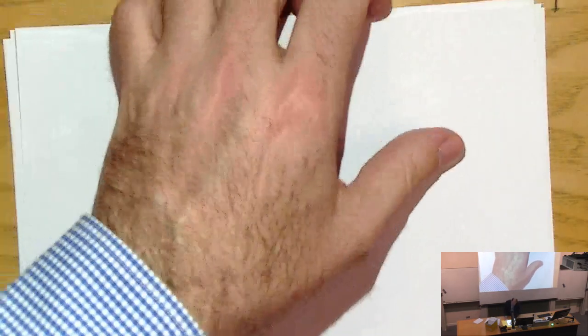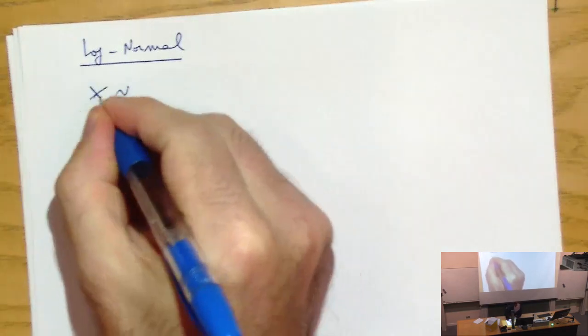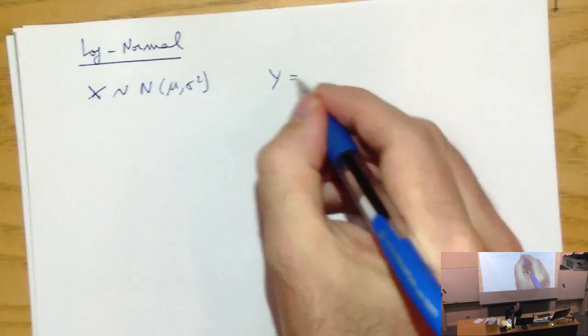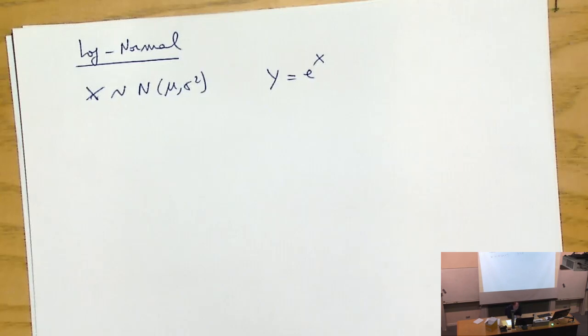Good, so one more distribution that is also used a lot in communication is the log normal. Right, so what is this? I have x, normal distributed with a mean mu and a variance sigma square. And what I'm looking at is the exponential of x.